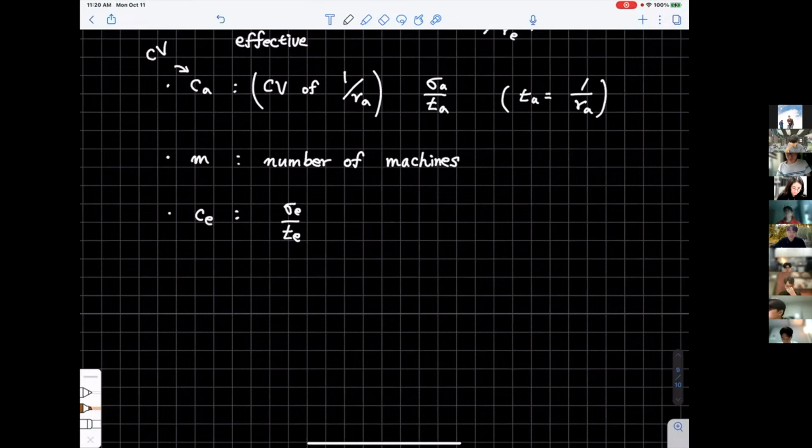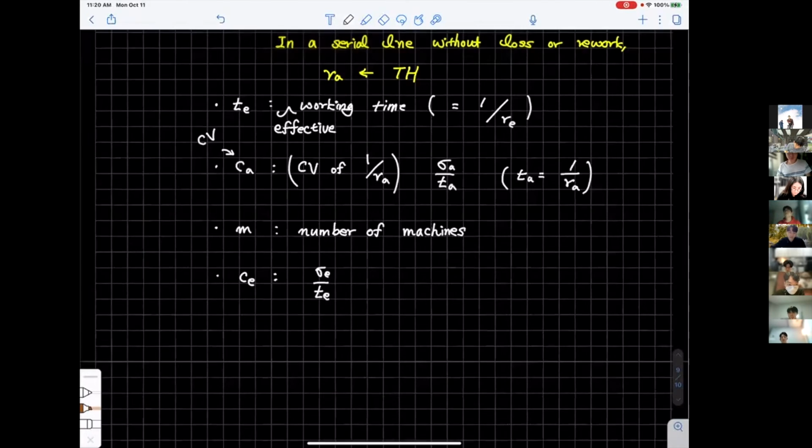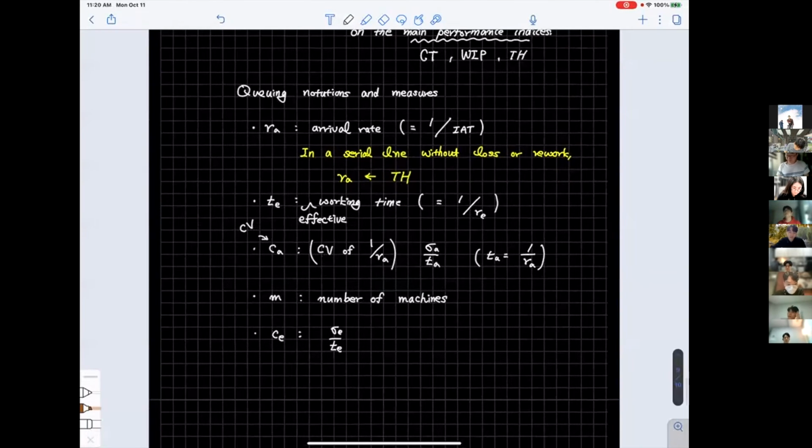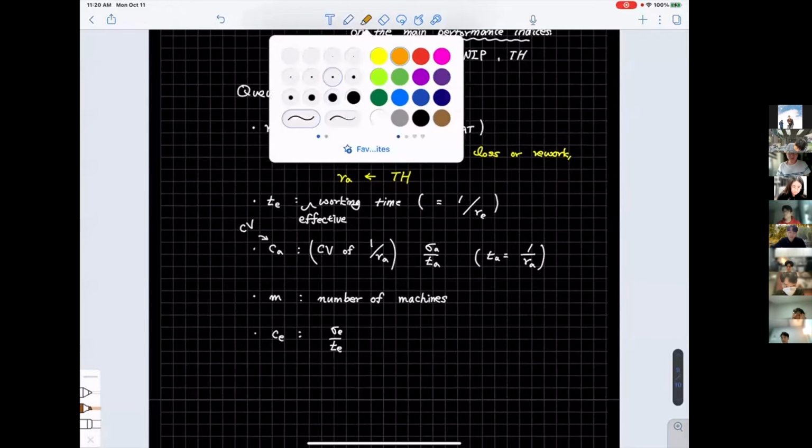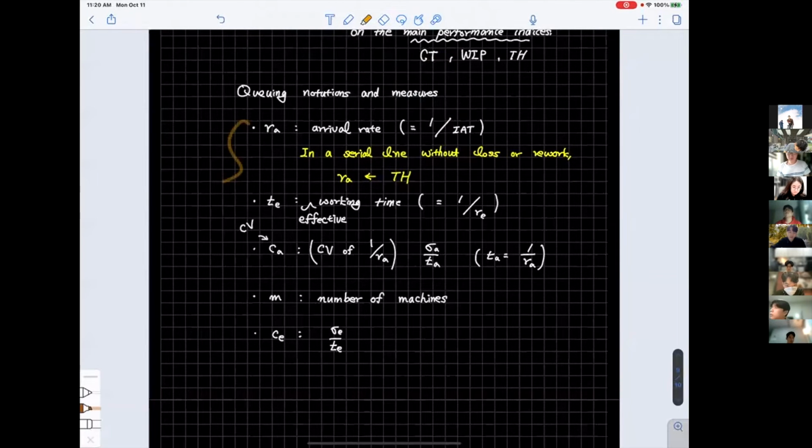Now all of you will be very familiar with this notation. These are the main parameters.